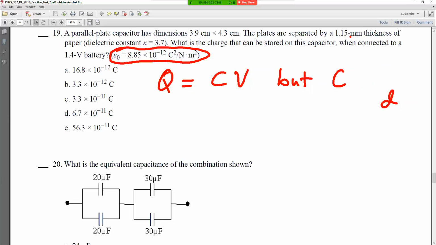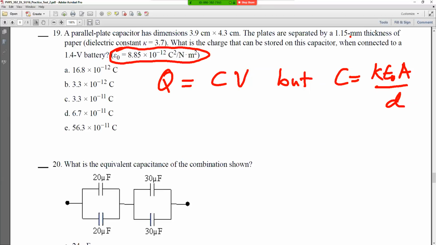If the space between the plates was just air, then you would just have the equation that I wrote originally. C equals kappa epsilon naught A over D. So if the material between the plates is air, then kappa is 1. You just have epsilon naught A over D. But since it is paper and the constant for paper is given, you're going to use 3.7 for kappa.